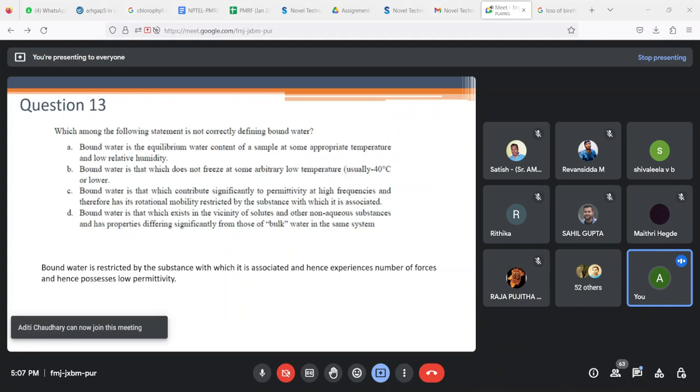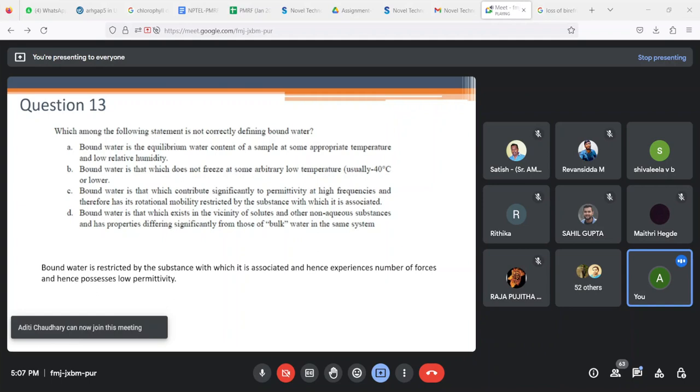Since the bound water is extremely restricted in its ability to move, all its properties will be very different from those of the bulk water. The freezing point will be different, the boiling point will be different, everything would be different. So since free water has a higher permittivity, bound water, which is continuously restricted, will have a lower permittivity. So C is the statement that is false.